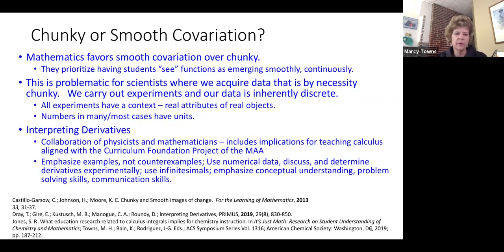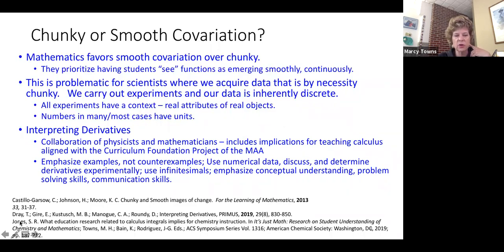Another one that I'll put up here just to call to your attention is there are 2 papers about derivatives that I've got on the bottom here. The first one is the Dray paper. So it's Tevian Dray, Corinne Manogue, and David Roundy who are the big 3 on that paper. And they wrote a paper about interpreting derivatives.